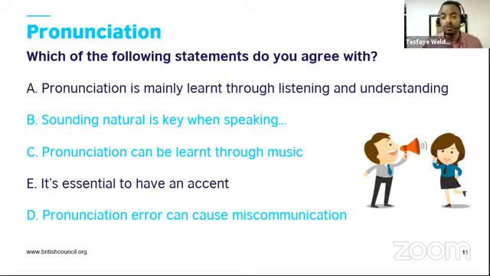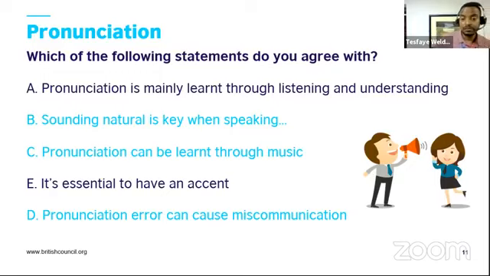If you come for the IELTS exam, the examiner will not focus on your accent, they will focus on your intelligibility, that you can be understood. And I think an element of sounding natural is important there, connected speech somehow, but not really having an accent.